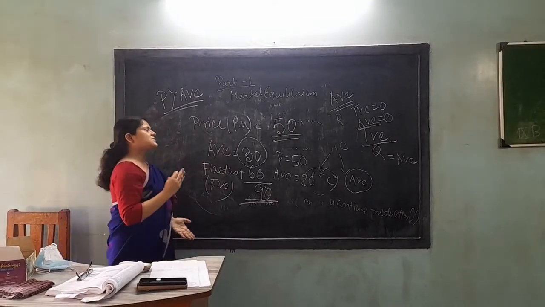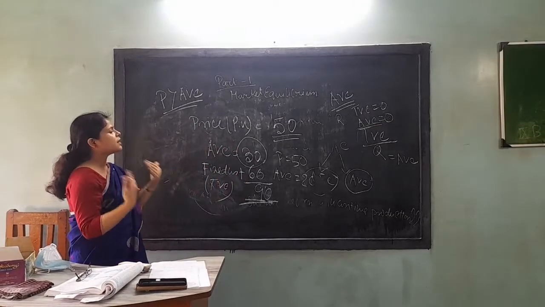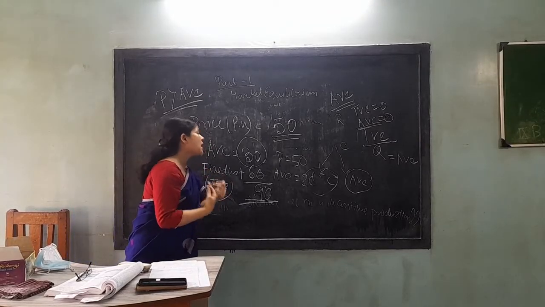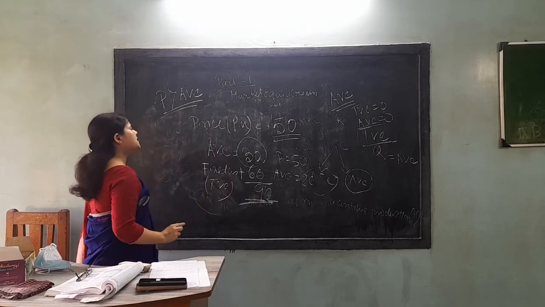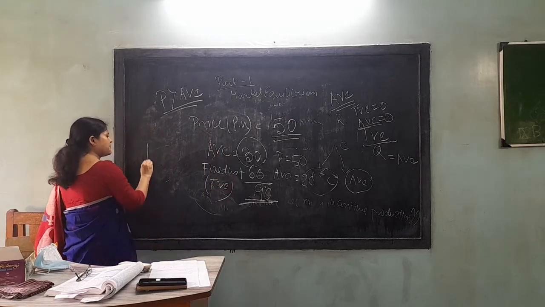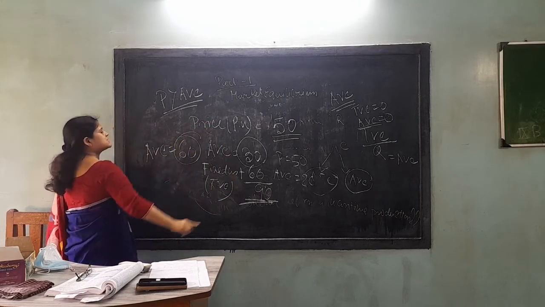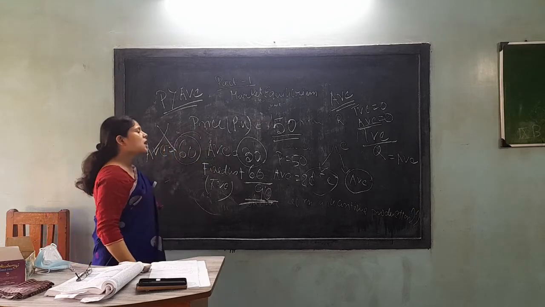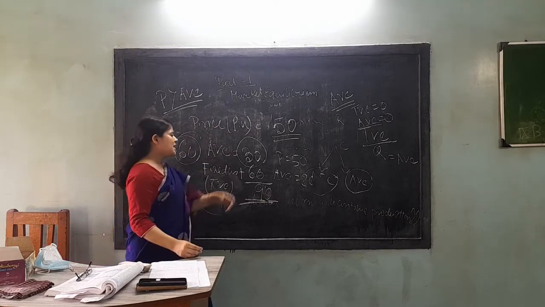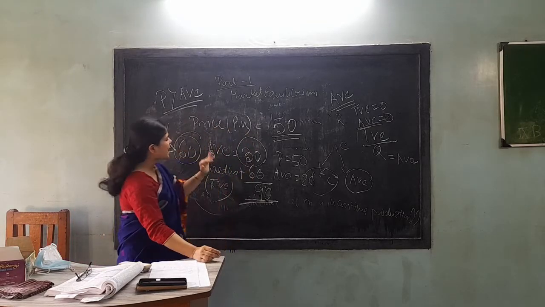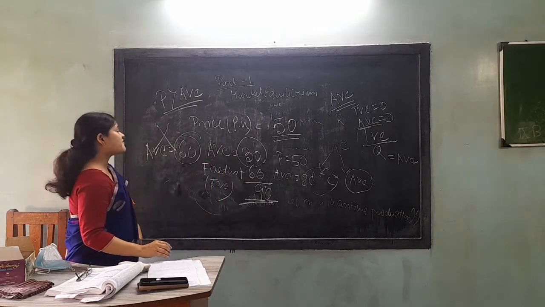So as long as the firm is able to cover the variable cost from the price, the firm will continue its production. But when the variable cost exceeds the price, then the firm will stop the production. If AVC is 60 and the selling price is 50, obviously the firm will stop the production. If the firm stops, it has to pay only the fixed cost, but will not pay the average variable cost.